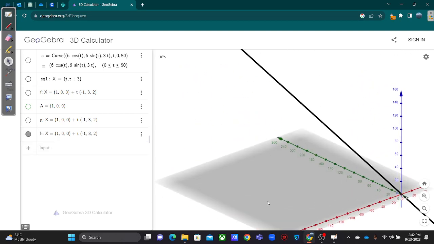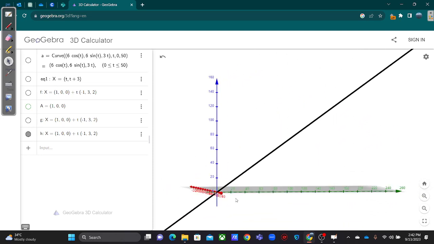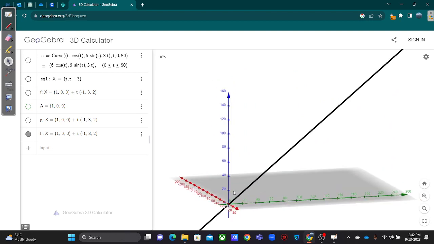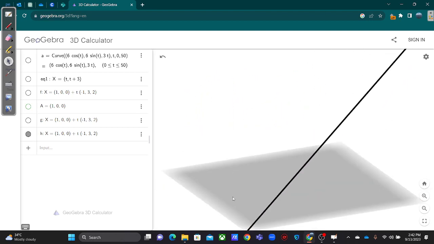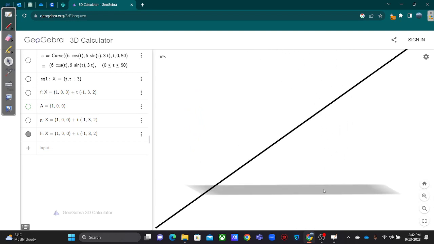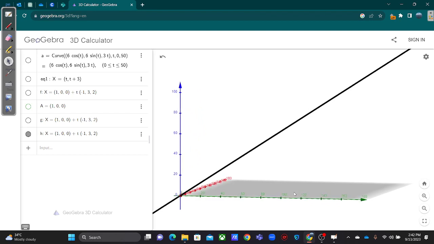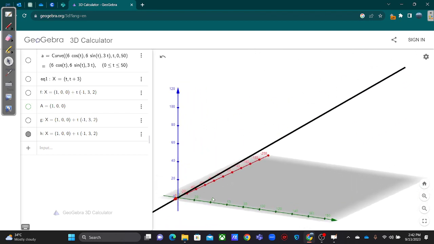Look, this is a 3D plane. The black one is our function. Look, this is in 3D form. Very carefully, look, this is how a 3D function looks like. This is a simple one.